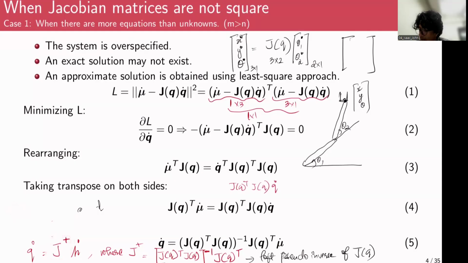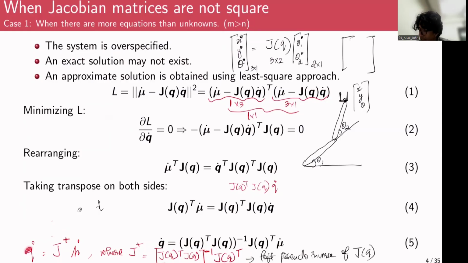Q dot would have been J inverse mu dot. But since we have a rectangular matrix, that too a long matrix, which has more rows than columns, we take something called a left pseudo inverse, and the expression for this left pseudo inverse is derived as so, right?